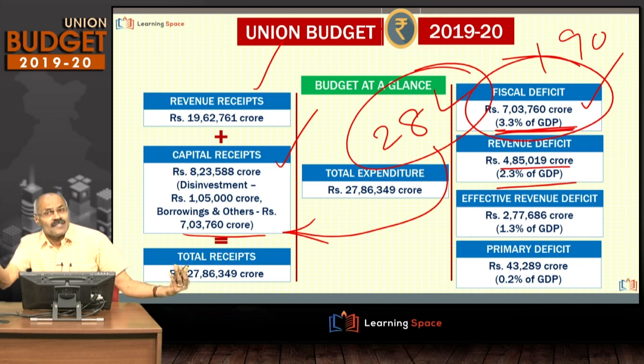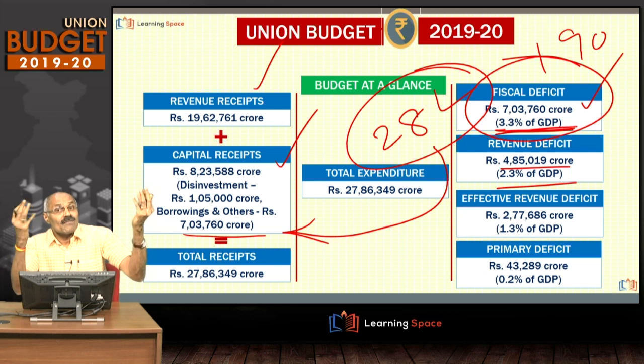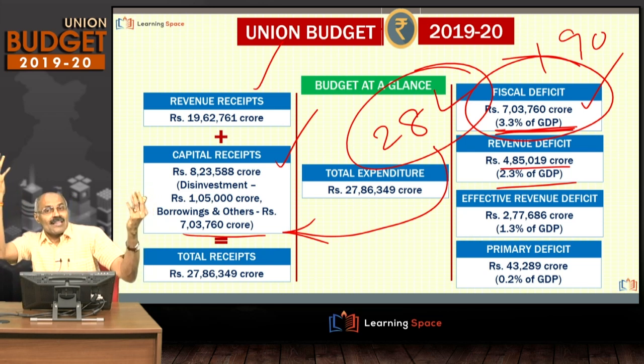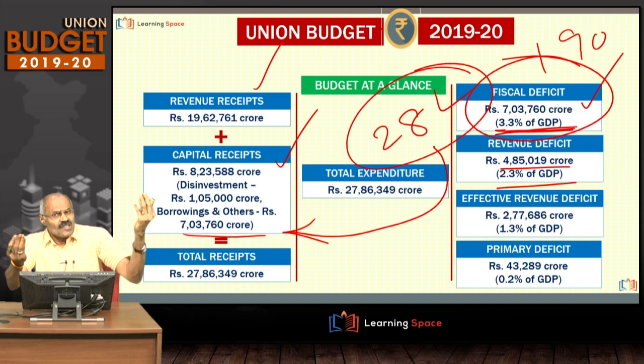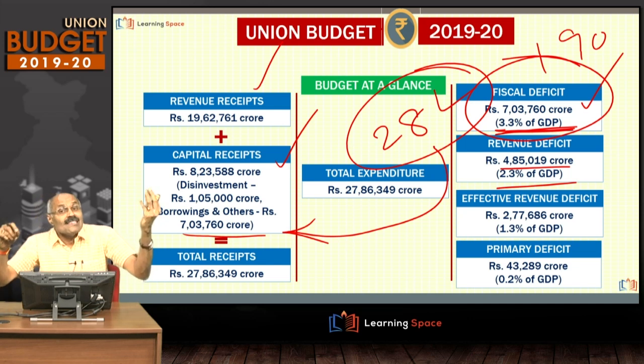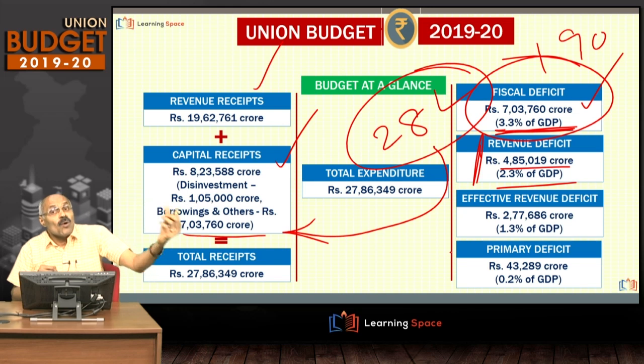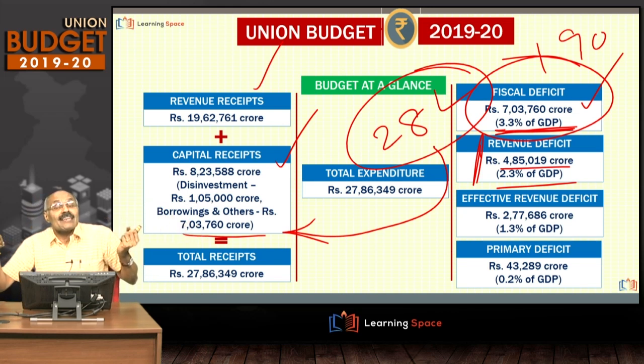Friends, revenue deficit means your revenue receipts are not sufficient to take care of revenue expenditure. What is revenue expenditure? Revenue expenditure is nothing but pensions, salaries, day-to-day establishment expenditure, all these are examples of revenue expenditure. Friends, so the significance of revenue deficit is you are borrowing money to spend on day-to-day activities.